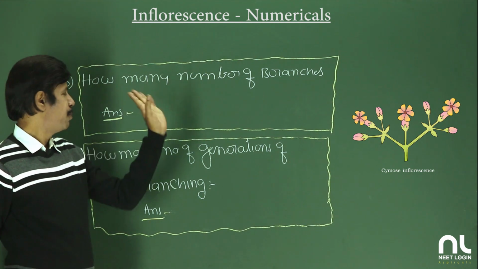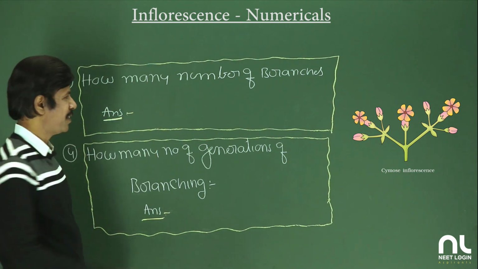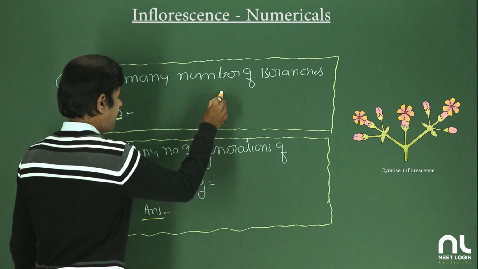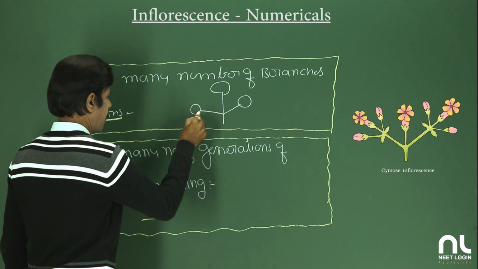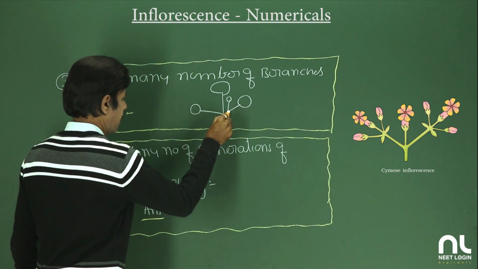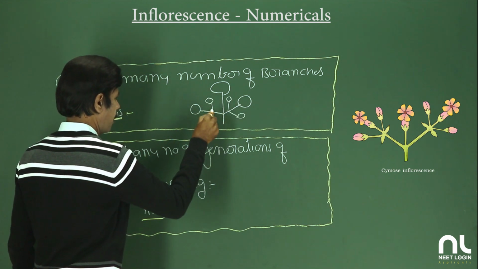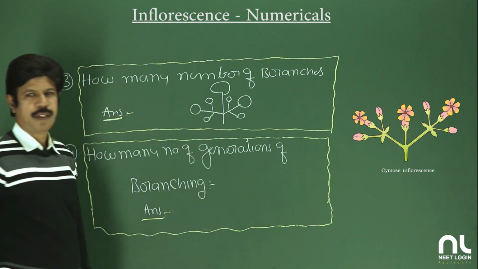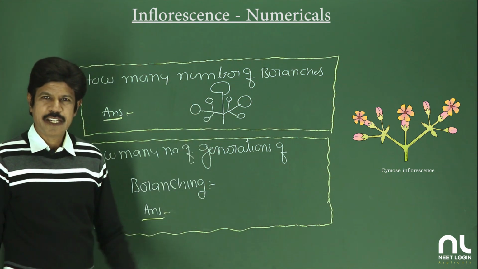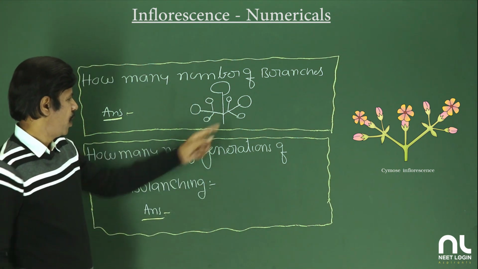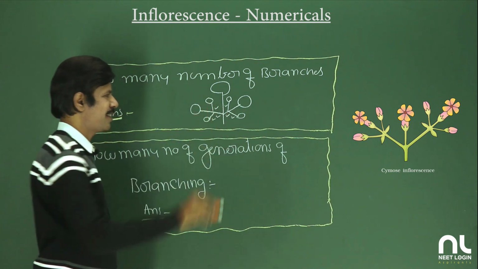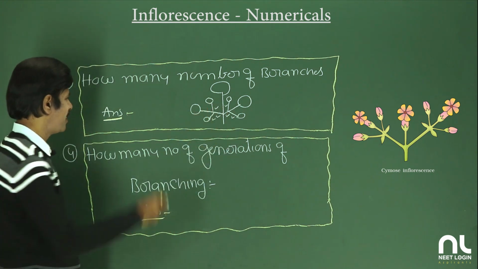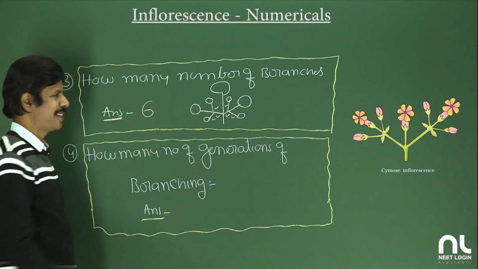How many number of branches in that inflorescence? So as it is a dichasial cyme, it is 1, 2, 3, 4, 5, 6. So number of branches, it is 6.